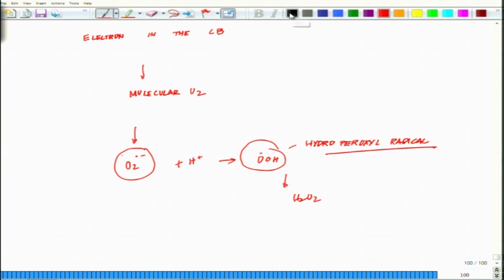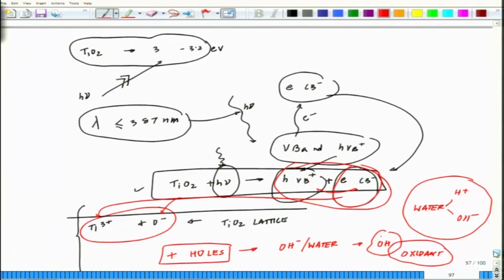What that really means is that recombination of photogenerated charge carriers is a major limitation in semiconductor photocatalysis, and it reduces the overall quantum efficiency. What essentially happens is, when you are generating these species in the valence band and in the conduction band, this is the conduction band.